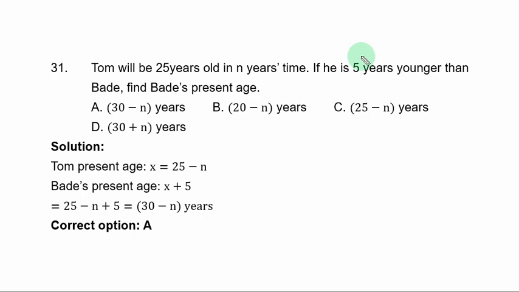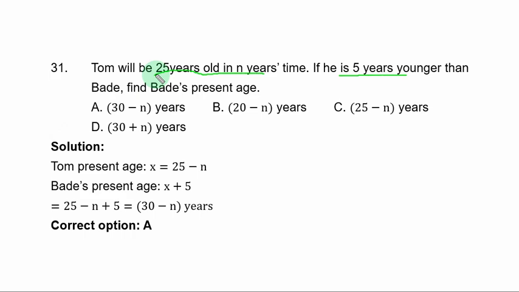Question 31. Tom will be 25 years old in n years' time. If he is 5 years younger than Bade, find Bade's present age. You have the solution. From the question, Tom will be 25 years old in n years' time in the future.